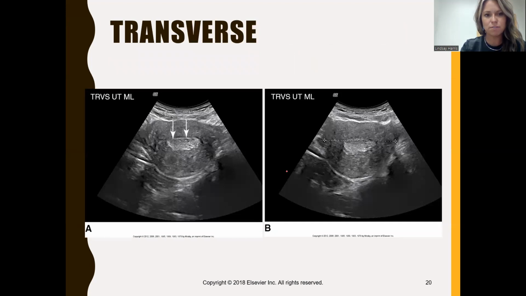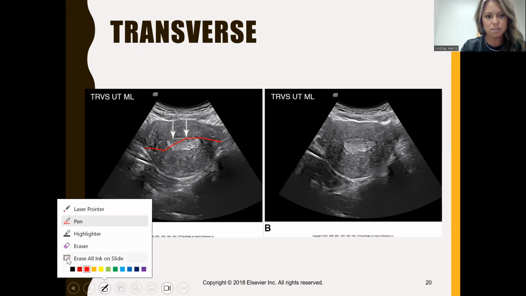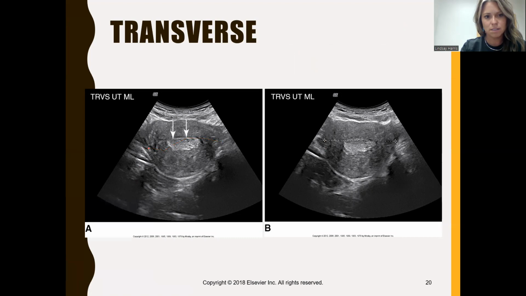This is a transverse view of the uterus. And so when you are scanning through the uterus, you're going to do a width measurement. That's a terrible width measurement. The width is going to be a straight line if I can do it across the fundus there, as you can see right here.